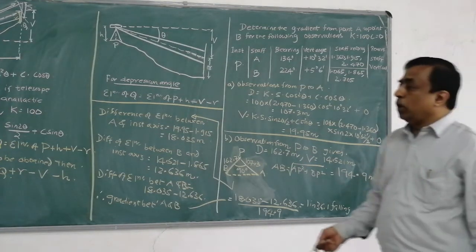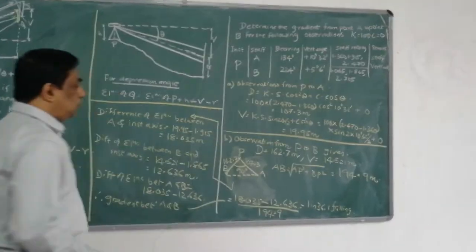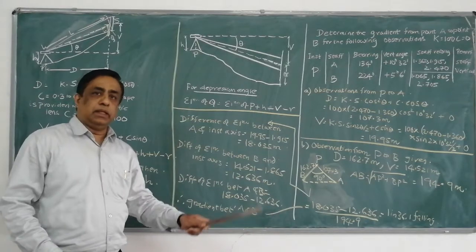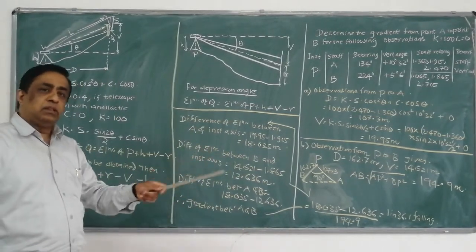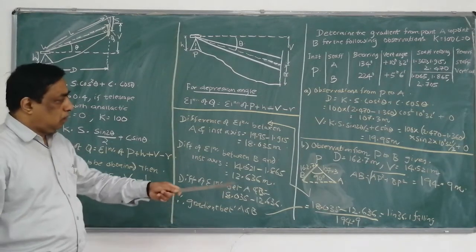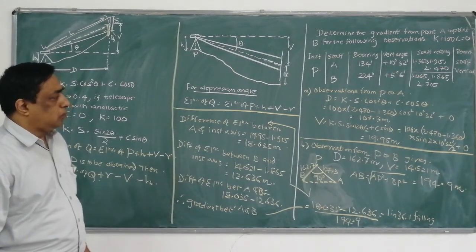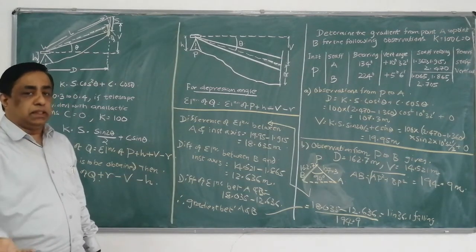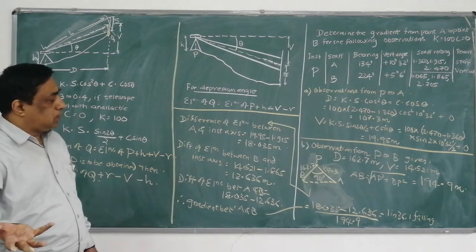Now the objective is to get the gradient. The gradient is how much rise or fall there is for this distance of 194.9 meters.